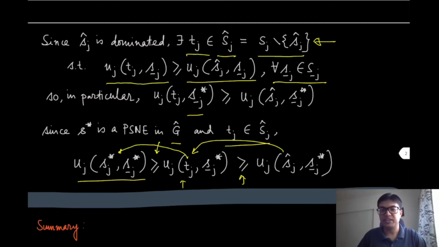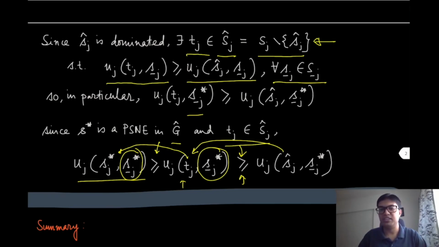Note that we cannot say this for all SJ's, because this inequality is true only when the other players are playing S minus J star. This is by the definition of pure strategy Nash equilibrium. But this inequality holds for every S minus J, and we are just using the fact that this also holds for S minus J star.